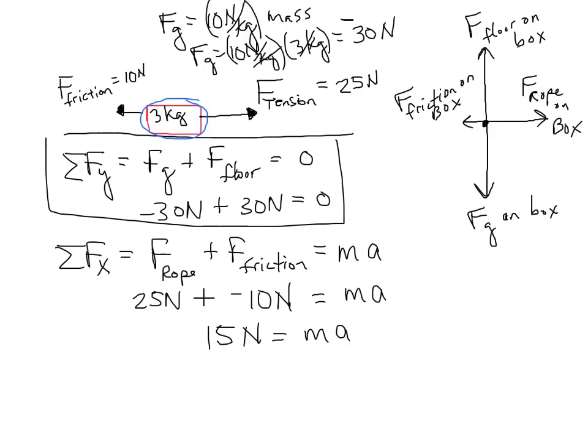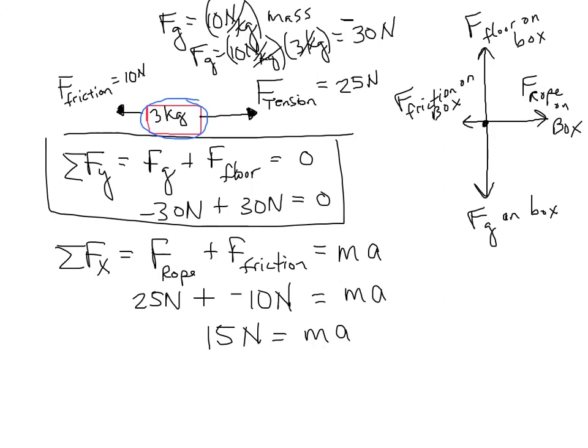Now, what is the m? Well, the mass is 3 kilograms. So if I want to know how quickly this object will accelerate, all I have to know is how massive the object is.